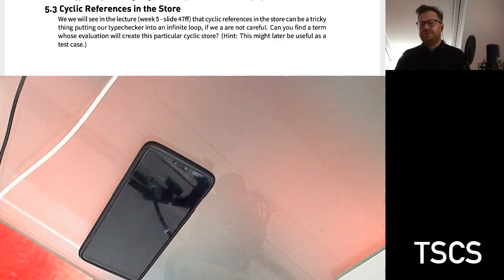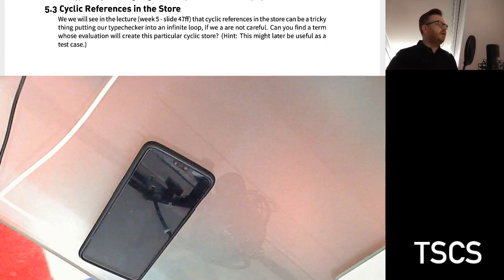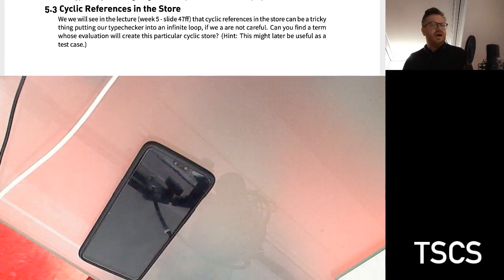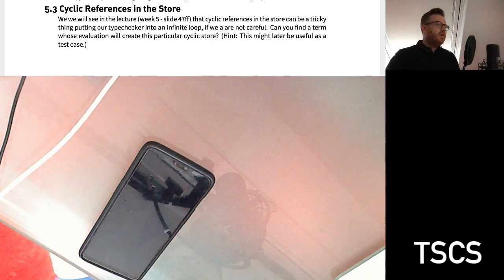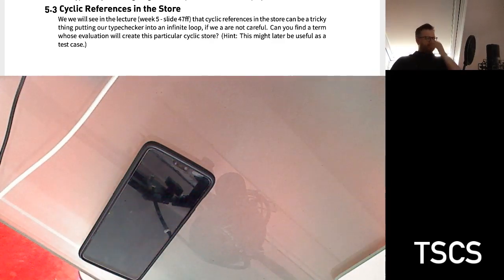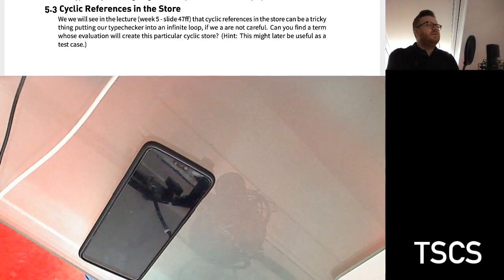I'm unsure, but off the top of my head, I would think now you do need a let. If someone comes up with a solution that does not require a let, let me know. Haha, pun intended. No, because I think you actually need the label to reference back to that, to alias that reference back.